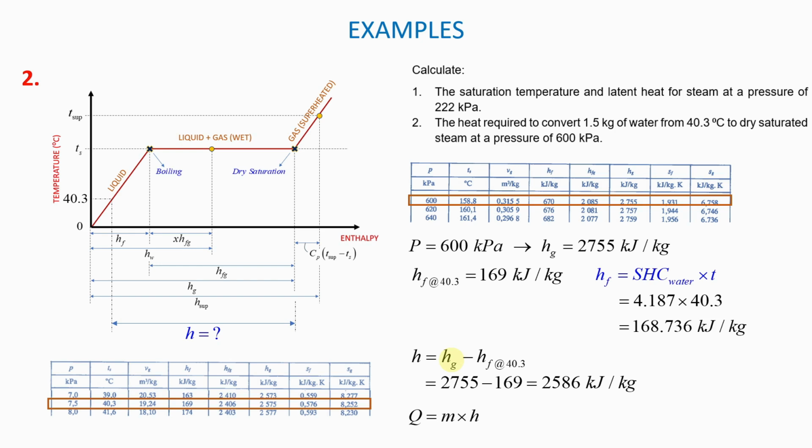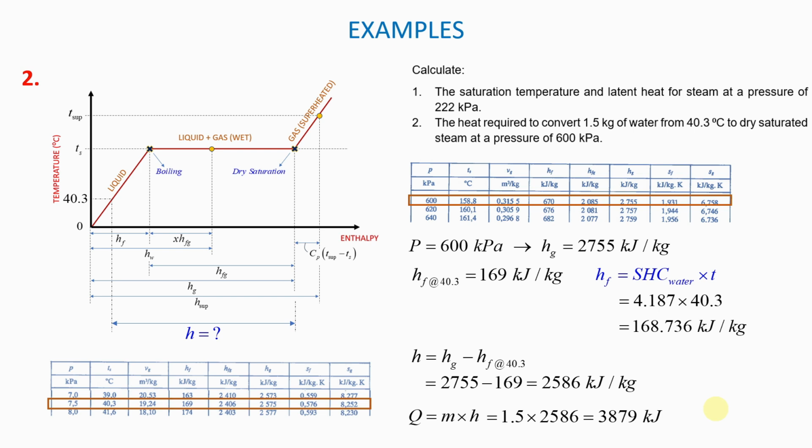But now here, since we have to convert 1.5 kilograms of steam, we need to find the actual heat that is needed for that mass of steam. And so that actual heat is found by multiplying the mass by the specific heat, okay? And if we do that, this is what you will get. 1.5 multiplied by 2,586 gives you 3,879 kilojoules, okay?